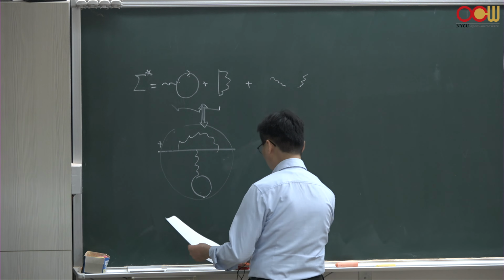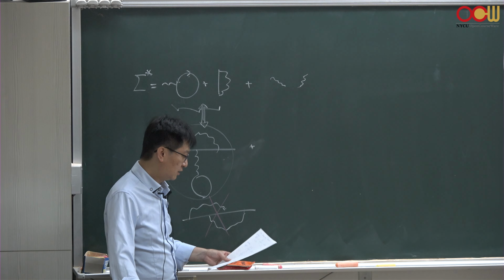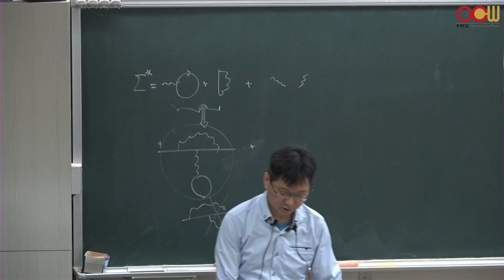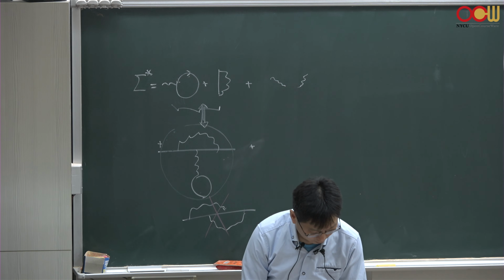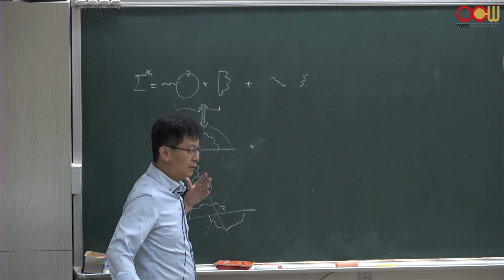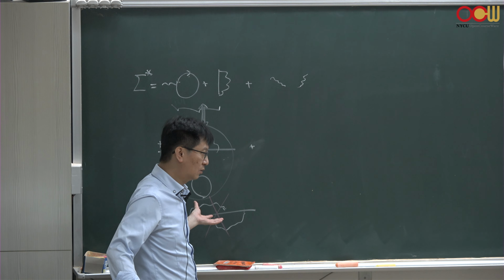You may wonder, how important are they? In some cases they are important, but in many other cases they are not important. As I mentioned previously, this is not an exact solution for the Green's functions. We ignored many diagrams, and maybe some diagrams that we ignored are important.